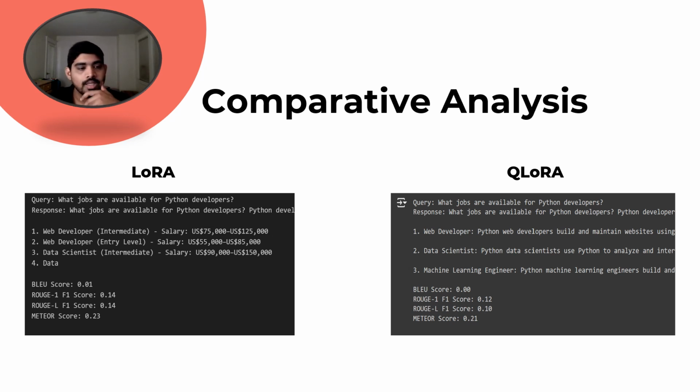If you compare the evaluation or performance metrics, you can see that the BLEU score is higher in LoRA than in QLoRA, and LoRA outperforms QLoRA in ROUGE-1 F1 scores and ROUGE-L F1 scores, and METEOR scores are identical.